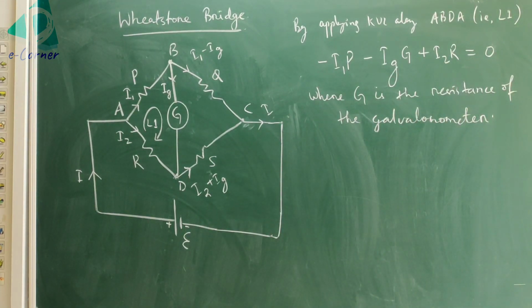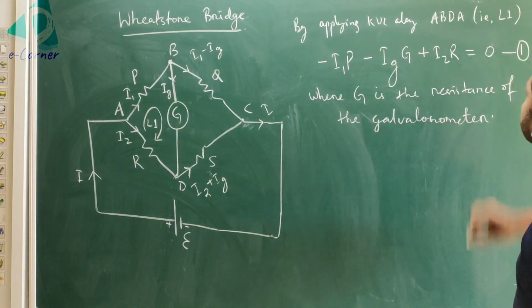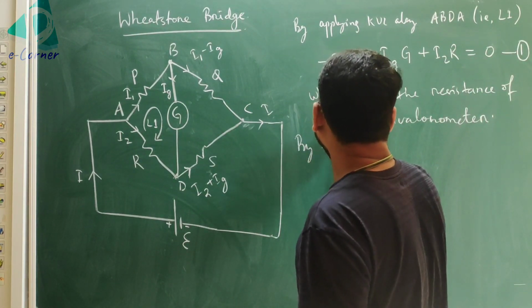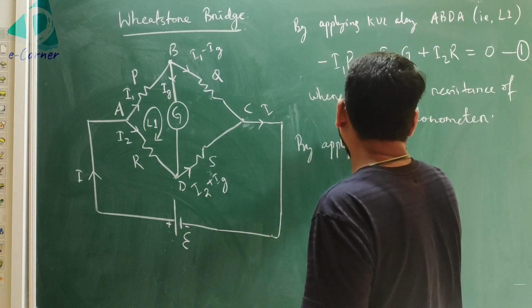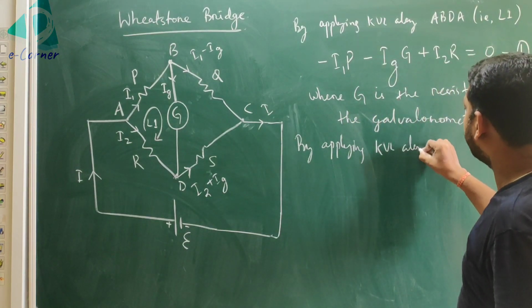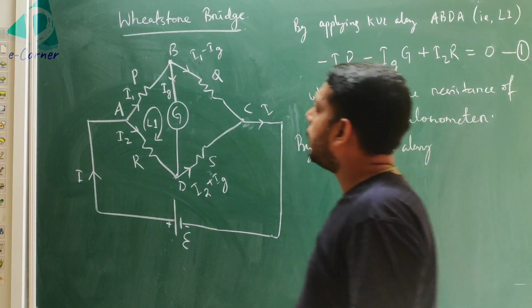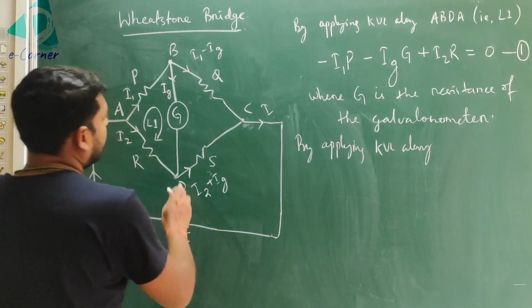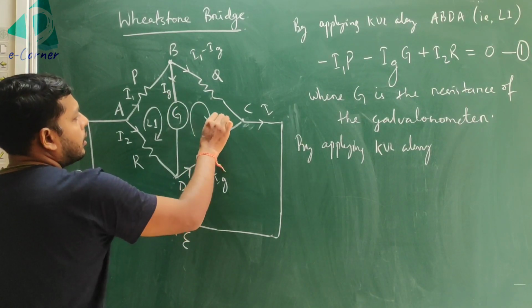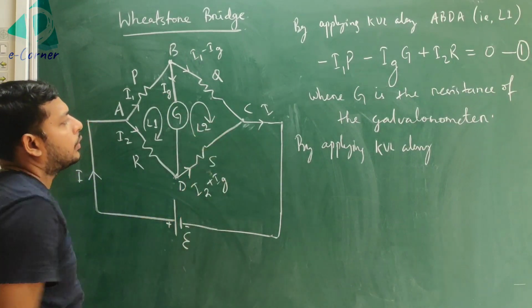Resistance of the galvanometer. Okay, this is the first equation. Similarly, by applying KVL along B, C, D, B, this is loop 2.